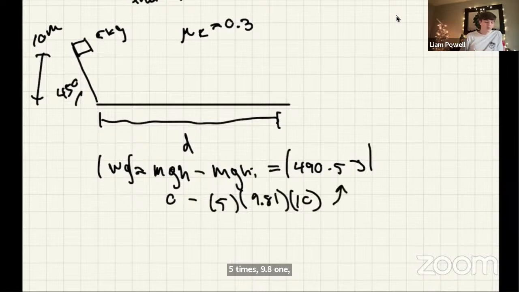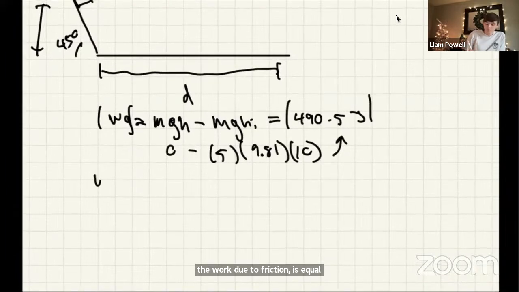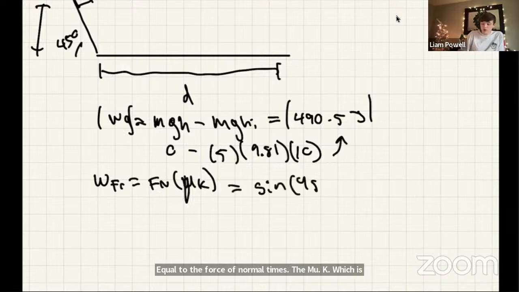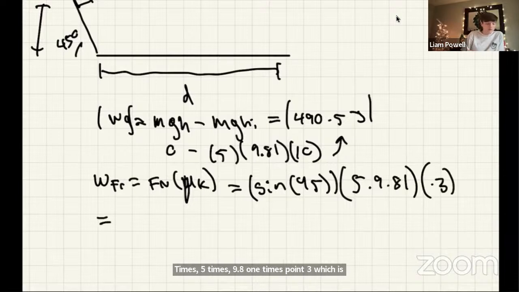And then the work due to friction is equal to the normal force times mu k, which is equal to cosine of 45 times 5 times 9.81 times 0.3, which is equal to negative 147.056 joules.